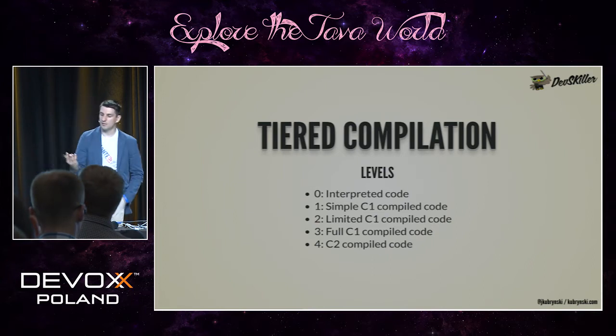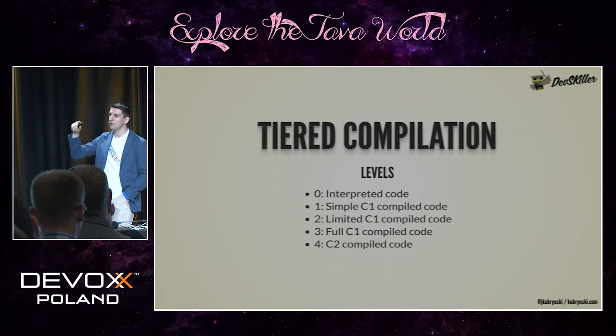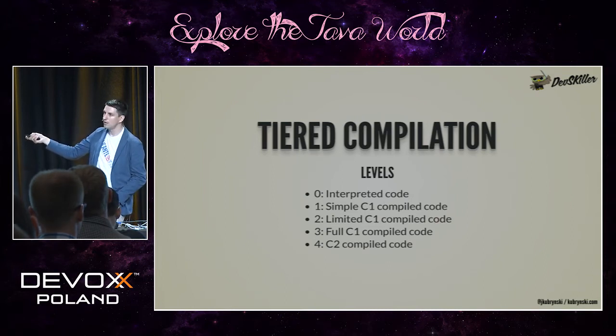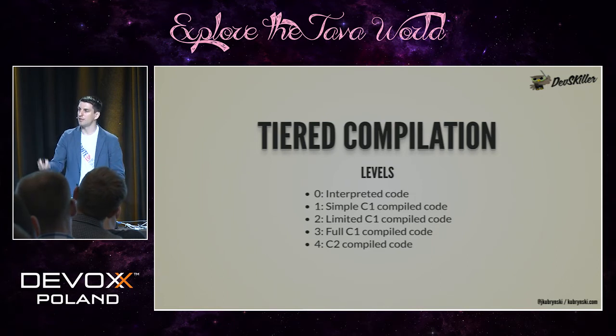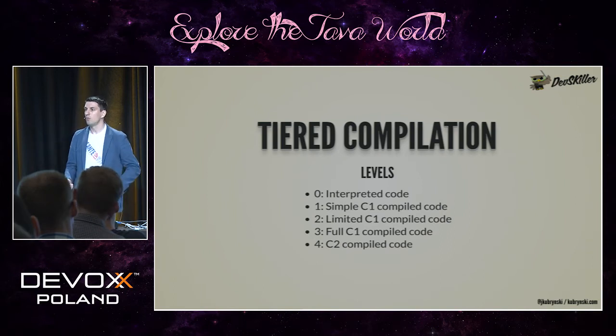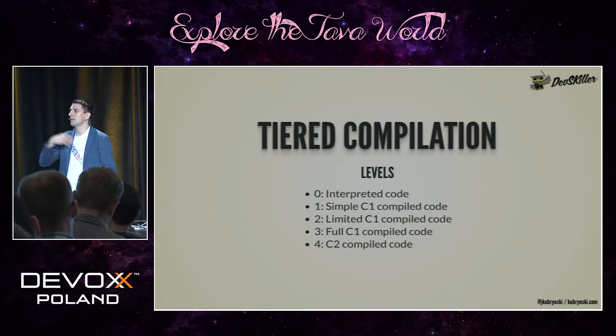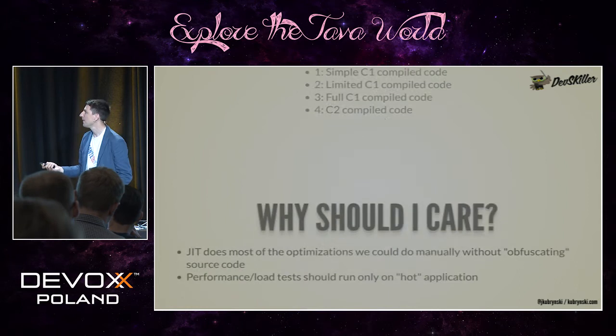Okay, and now this code is fully compiled, but it still can be de-optimized to level 0 when the JIT finds out, okay, this is no longer only an array list because you have changed something. I'm using some other branch, you have loaded some classes, so the context has changed, and now I need to de-optimize it and start one more time. Or the result I expected is not so good, so I need to de-optimize and try one more time because it was an uncommon trap, okay?